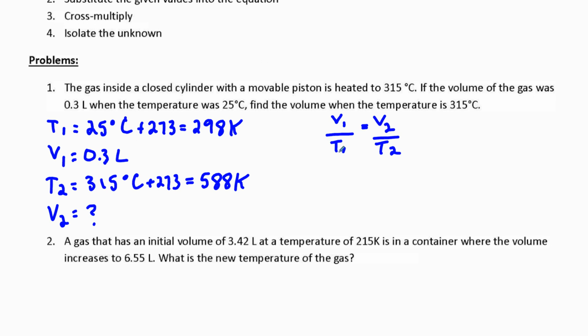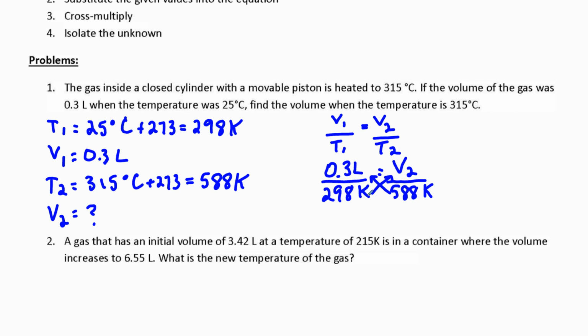Okay, so V1 is 0.3. T1 is 298. V2, we don't know, so I'm just going to leave it as V2. And T2 is 588. Okay, so what you can do then is you can cross multiply to solve for V2. You can also rearrange your formula first, and that's another approach.